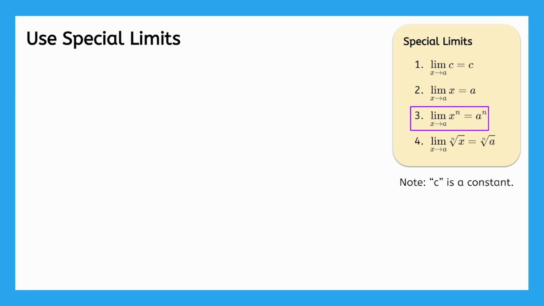The third is the limit of the general power function x to the n. The limit of x to the n power as x approaches a is a to the n power. And the fourth is the limit of the nth root of x. The limit of the nth root of x as x approaches a is the nth root of a.